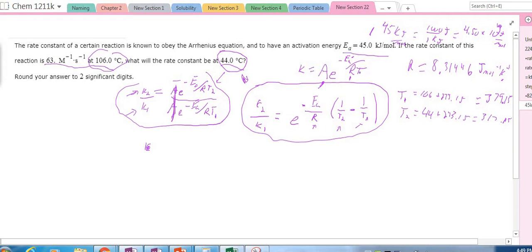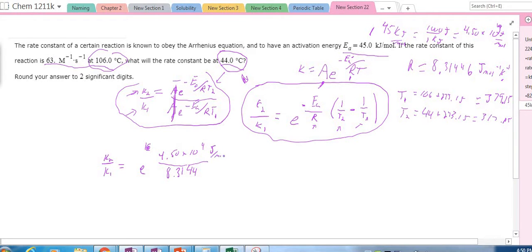Okay, so now I made these conversions, I can just start substituting in here. So I have K2 over K1 is going to equal E raised to the minus EA. Let me take that EA, and it's going to be 4.50 times 10 to the 4th divided by my R, which is going to be 8.3144. Let's keep our units in here.